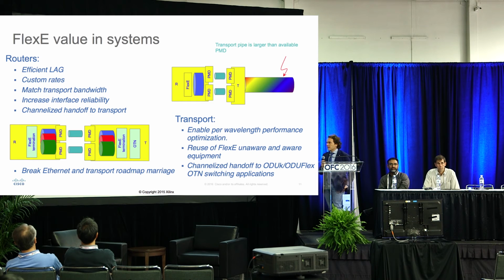What probably Ted did not highlight here is what we gain from a system standpoint. First of all, let's forget for a second the rate. We gain the fact that even if you want to transport over, let's say, a multiple of 100 gigabit, you don't need to use an inefficient LAG. Let's call it an efficient LAG. What does it mean?